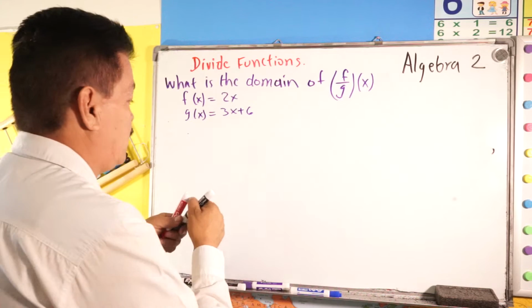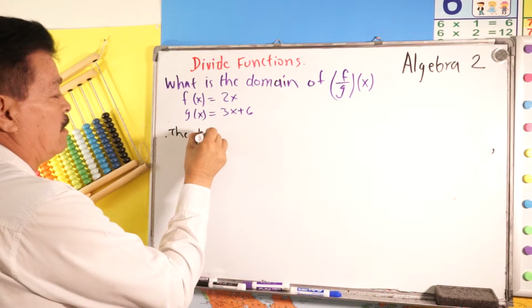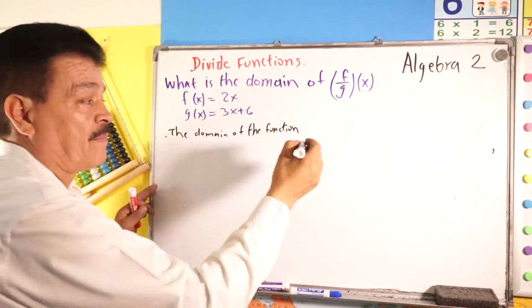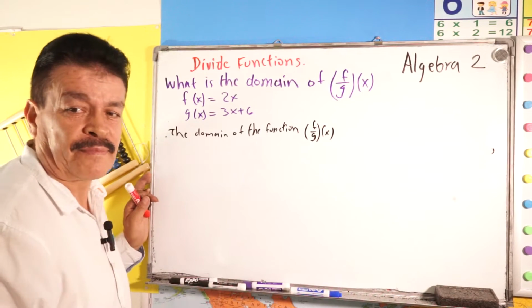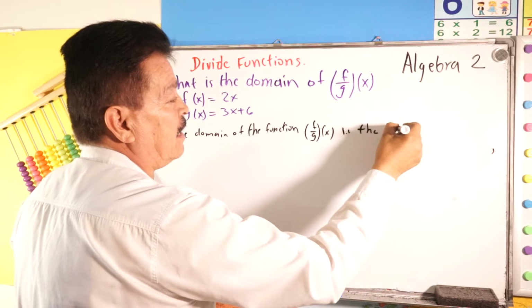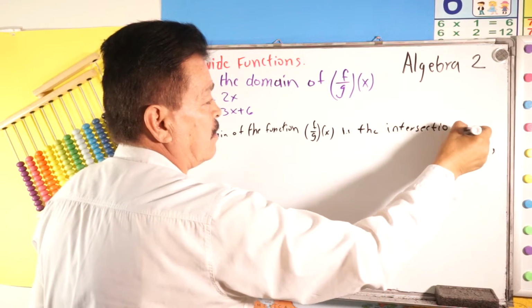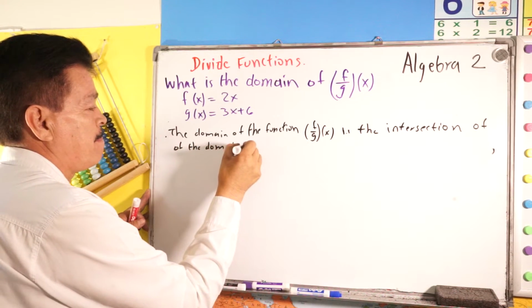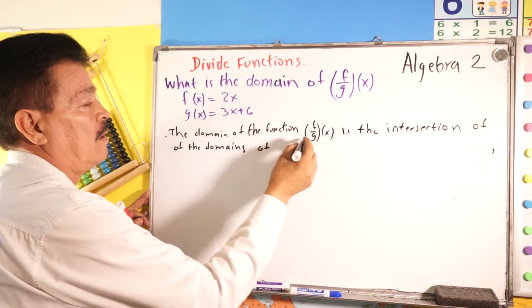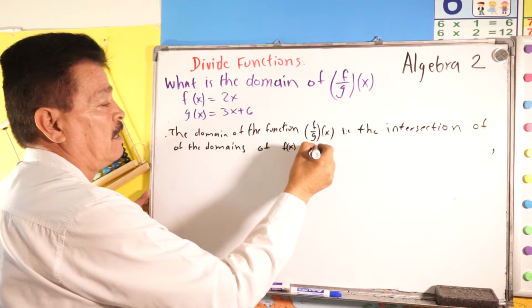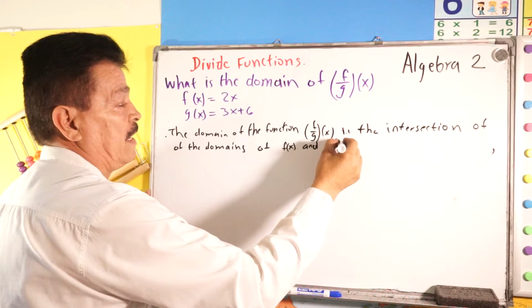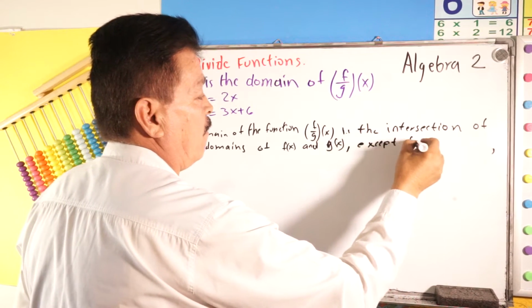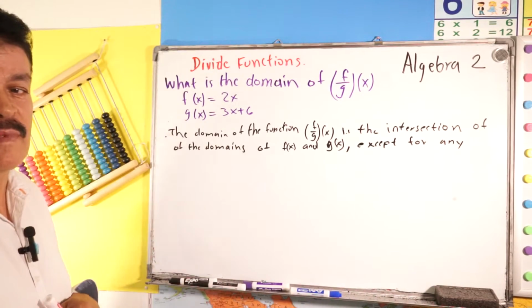The domain of the function f divided by g of x is the intersection of the domains of f of x and g of x, except for any excluded values.